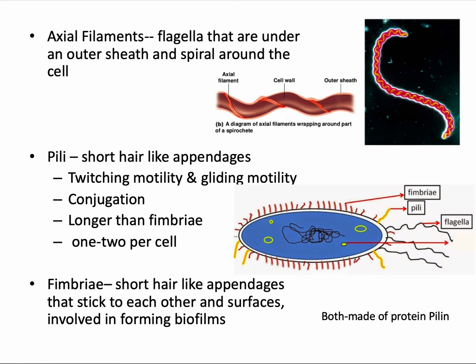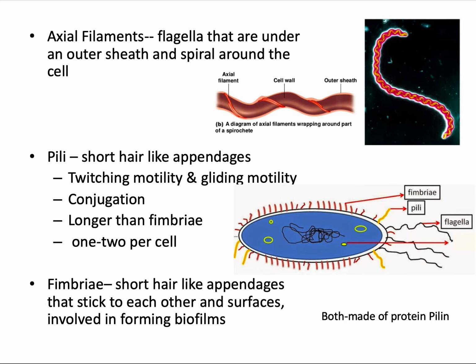Then you have pili. Pili are short hair-like appendages. You also have fimbriae. Pili are a bit longer than fimbriae. The pili help the bacteria to move. So two types of movement, the twitching and the gliding movement. Both pili and fimbriae are made up of a protein called pilin, and we see twitching motility in bacteria such as Pseudomonas aeruginosa and Neisseria gonorrhoeae.